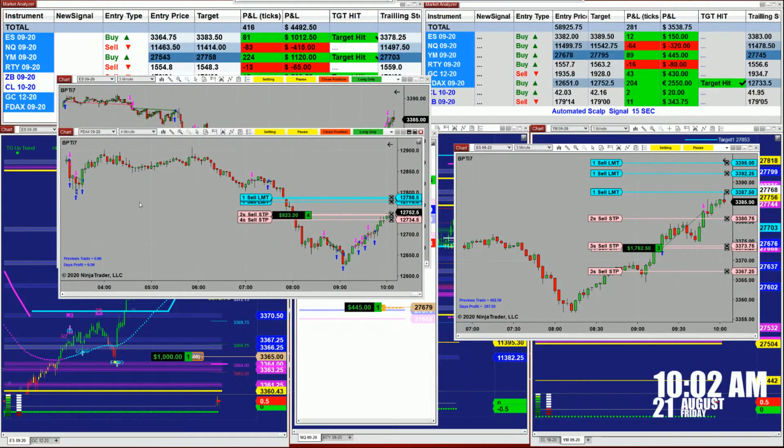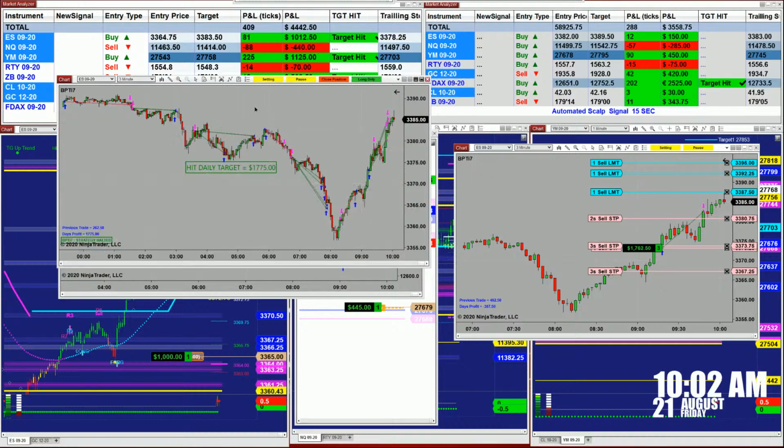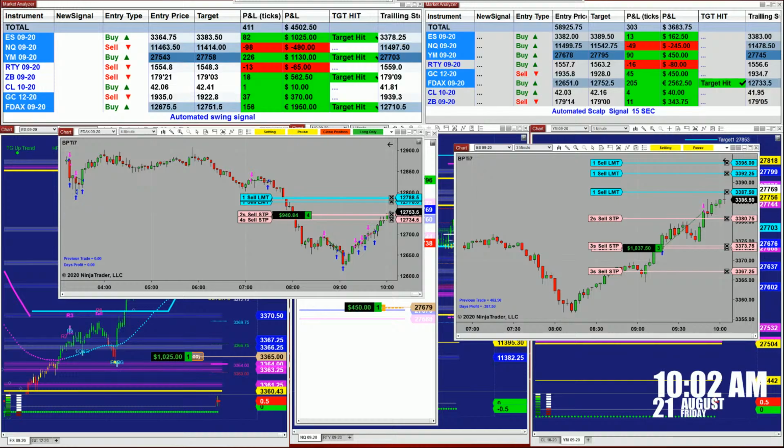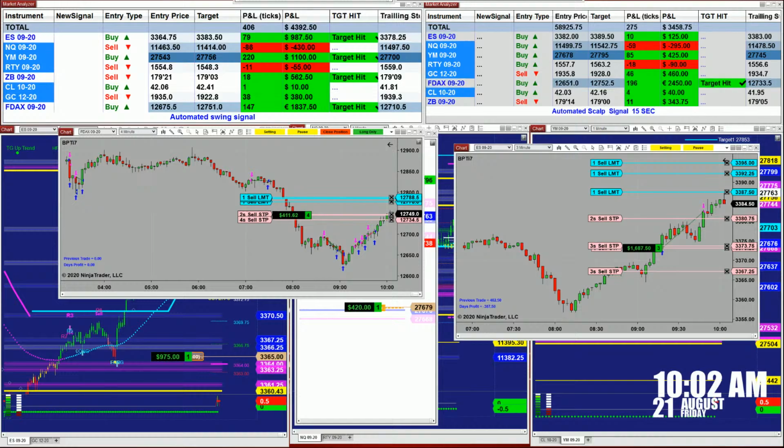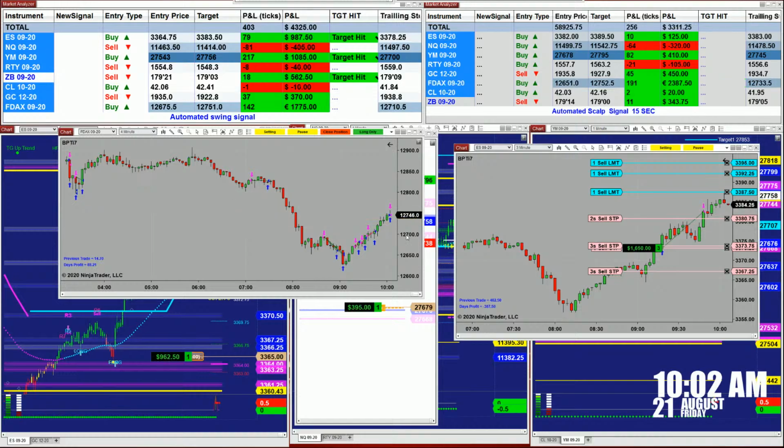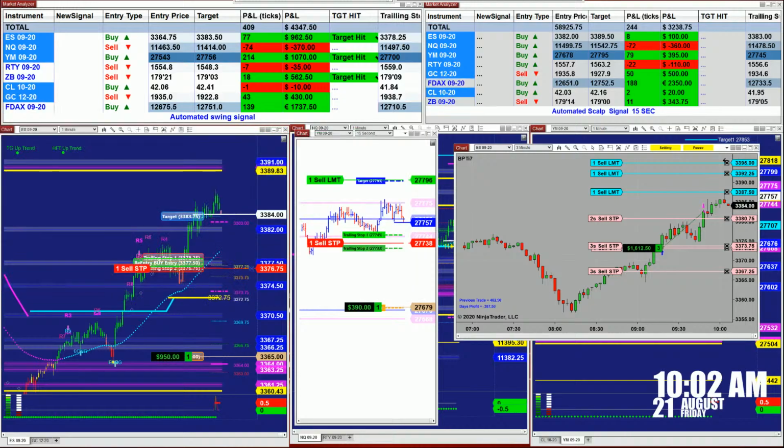The DAX, if you're not a very fast person, you should not be trading the DAX. I don't care how much money you have. Okay, well, closed. We'll keep our eye on it.